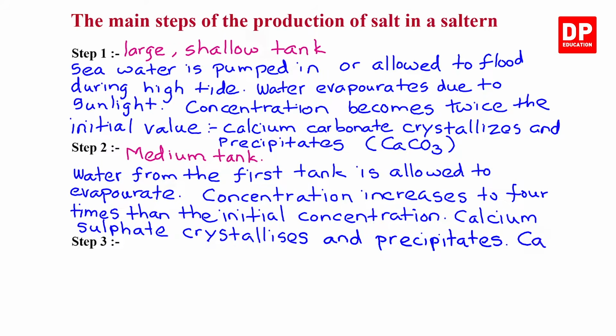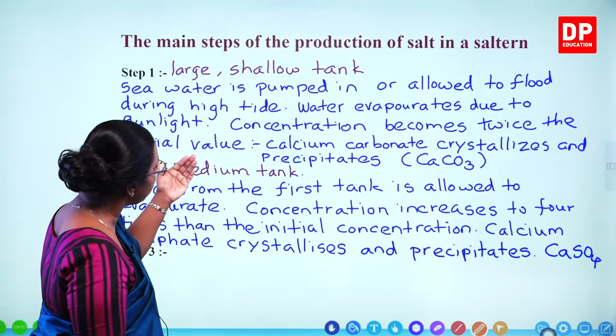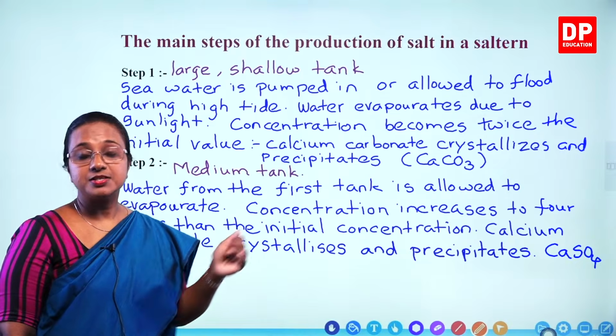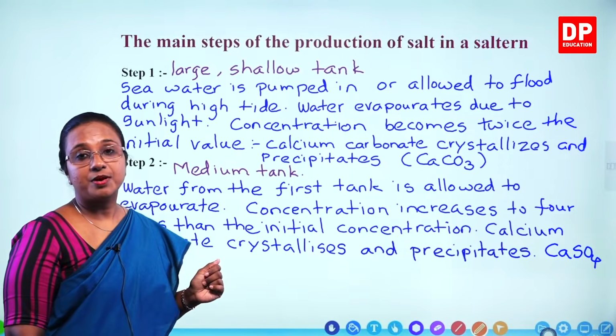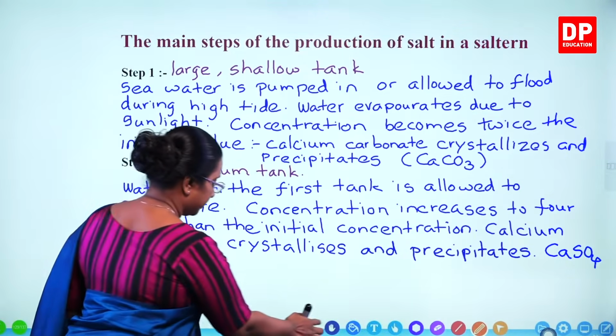What is calcium sulfate? CaSO4. Then what happens? The water from the medium tank is passed into the third type of tank, the small tanks.